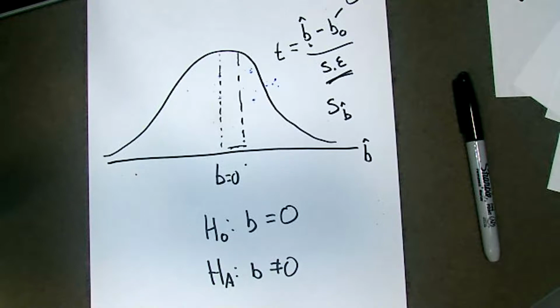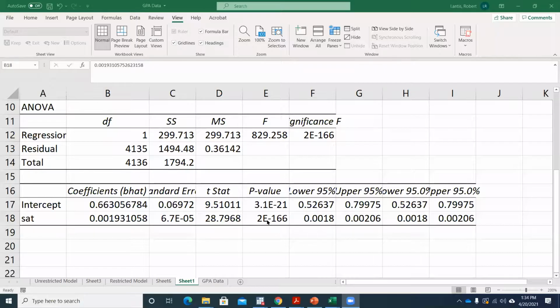So when I look at these p-values, they're basically 0. E to the negative, remember, means move that decimal 166 spots to the left. So this is basically a p-value of 0. I can say that these estimates are significantly different from 0, or I can reject the null that the true population slope value is 0.